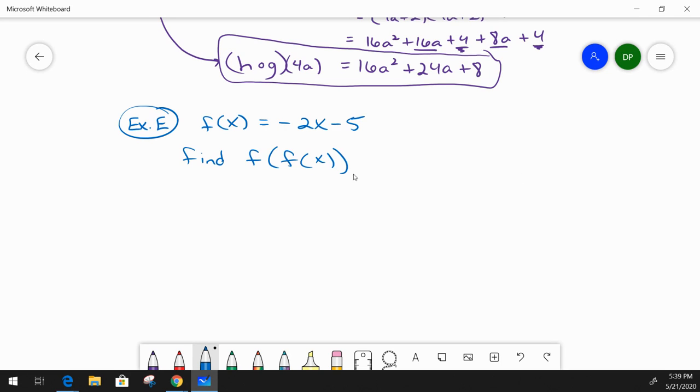So basically what this is saying is substitute f of x into the f of x function.